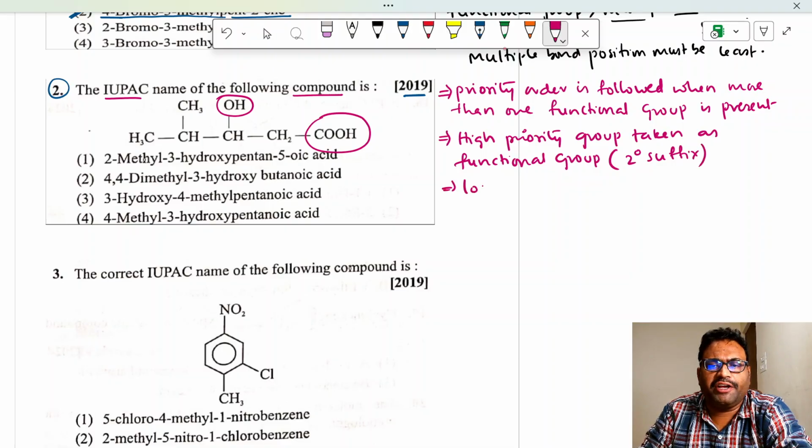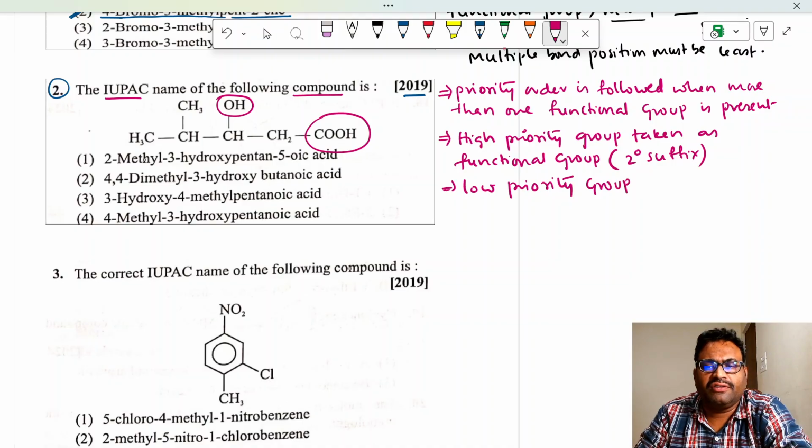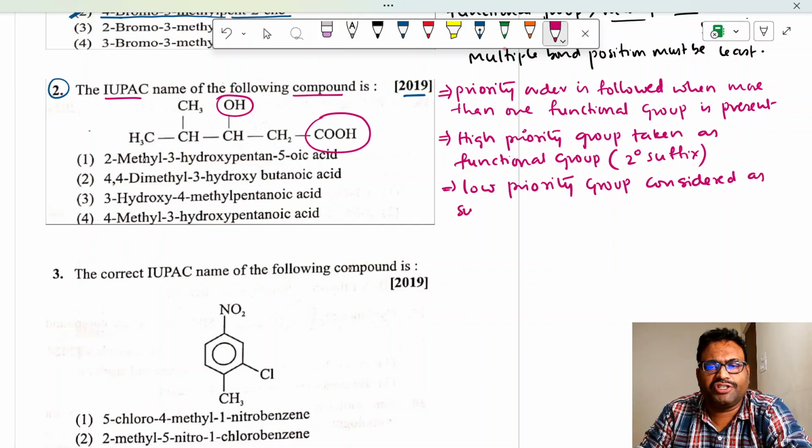Then what is done with the low priority group? The low priority group is considered as substituent and written under secondary prefix.